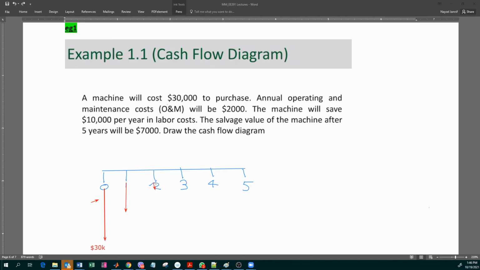One, two, three. When does the cost occur, guys? It can't be on zero.